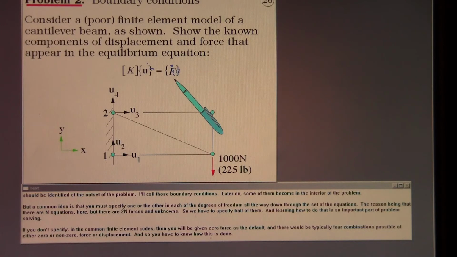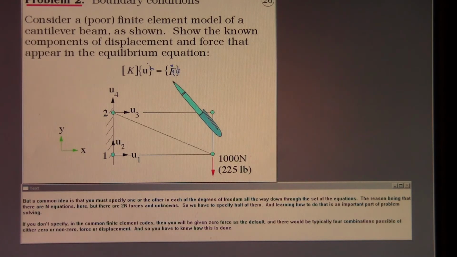If you don't specify in the common finite element codes, then you will be given zero force as the default. And there would be typically 4 combinations possible of either zero or non-zero, force or displacement. And so you have to know how this is done.